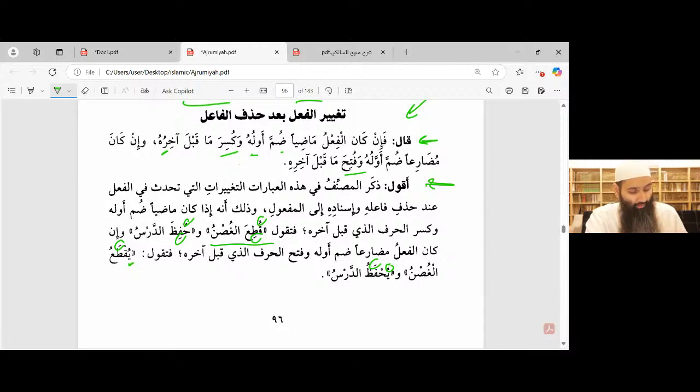Yes, straightforward. Okay, let's do two quick i'rabs here. Let's do this one first: حفظ الدرس. What's the i'rab of حفظ الدرس?